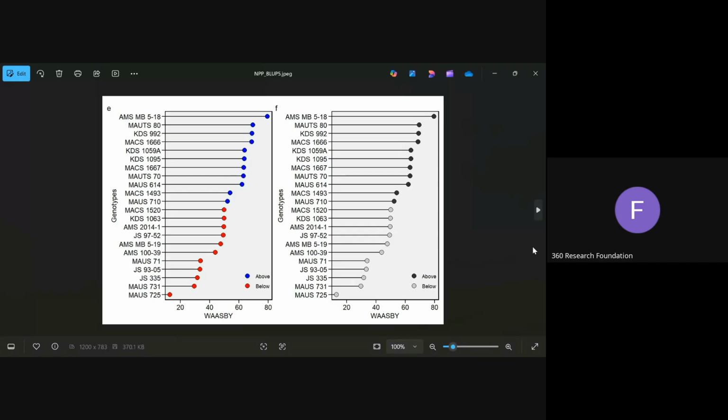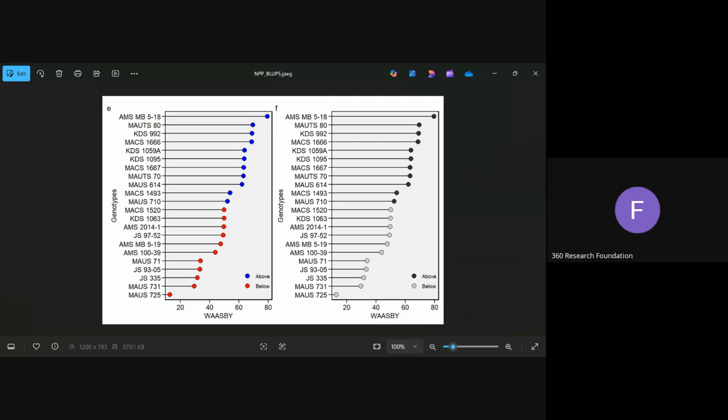Okay. So here you can see there is no threshold or average line, right?